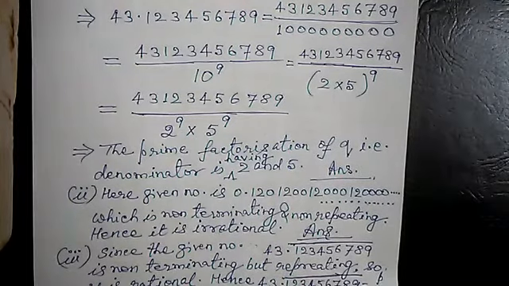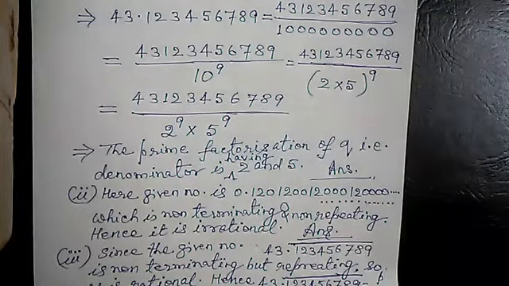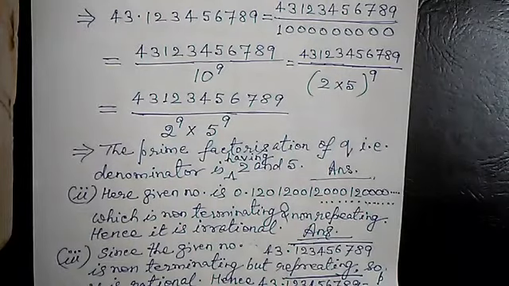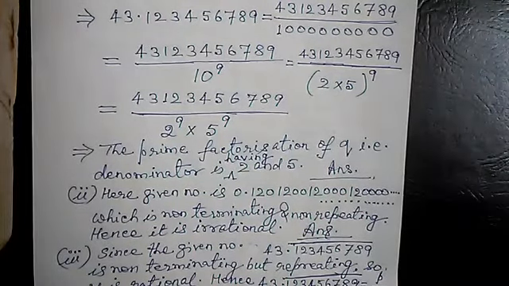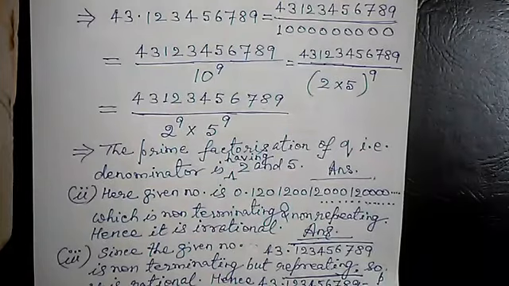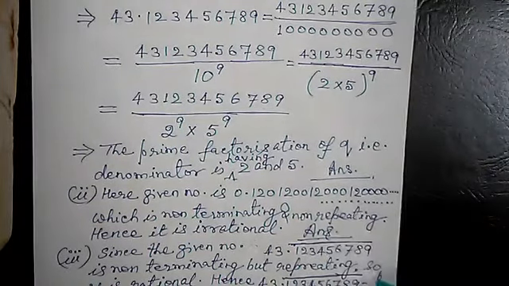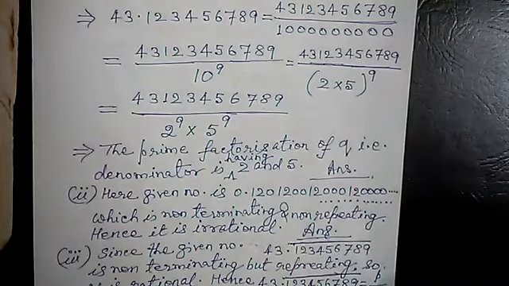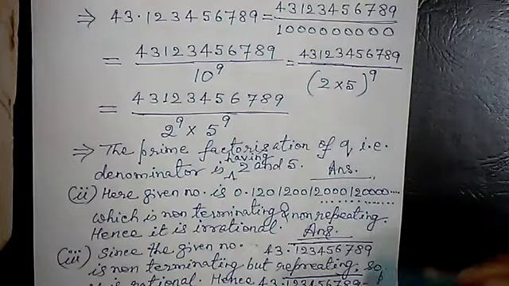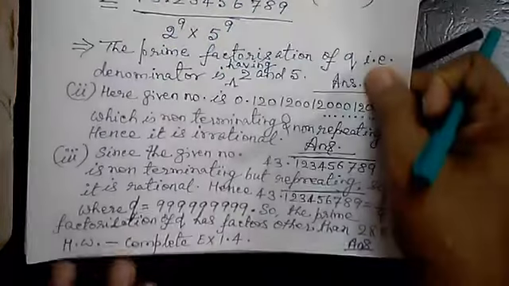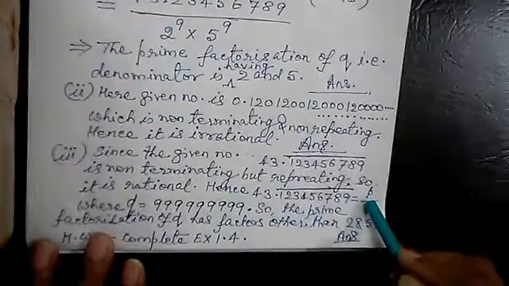So it is rational, non-terminating and repeating. You know very well it is called rational. Hence if it is rational, it can be expressed in the p upon q form.